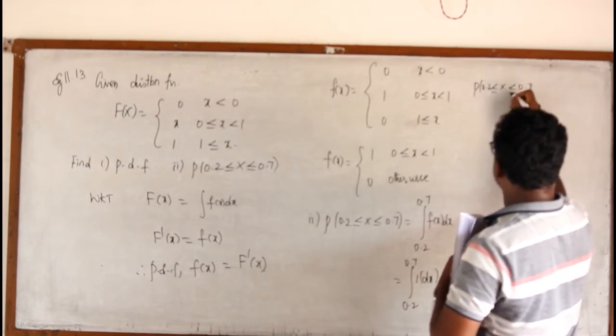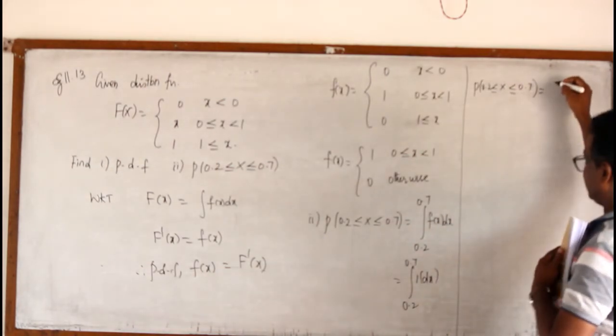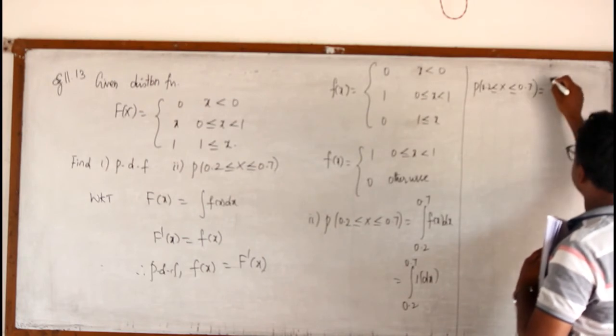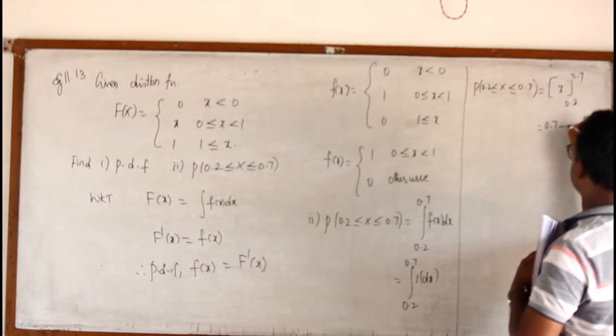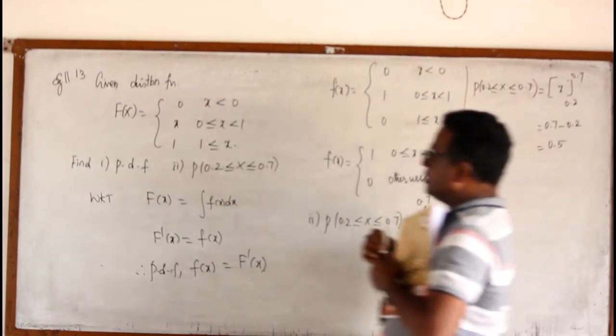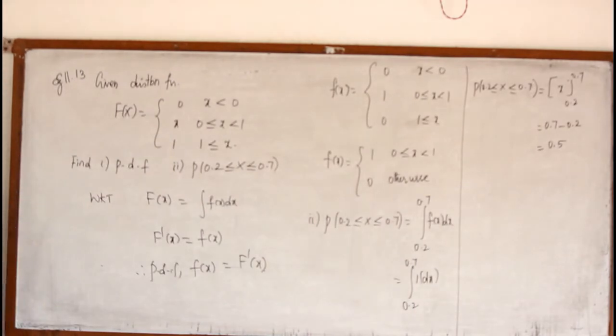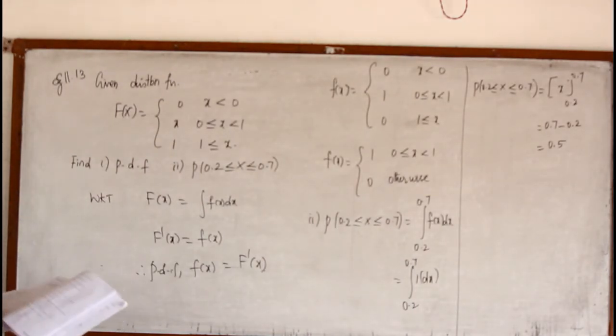Either less than or equal to, everything is the same in a continuous function. Therefore, it is x and the limits are 0.2 to 0.7. So it is 0.7 minus 0.2. The answer is 0.5. With that, this problem is over. This is your 11.13. Now we should go for once again problem number 11.14.